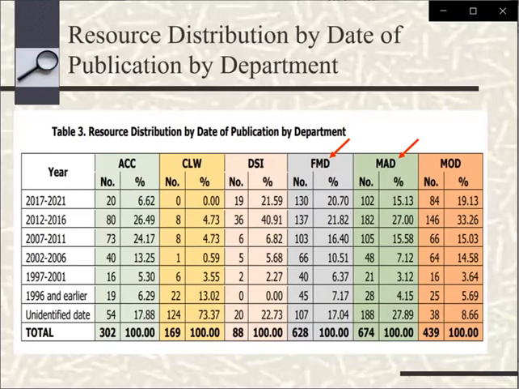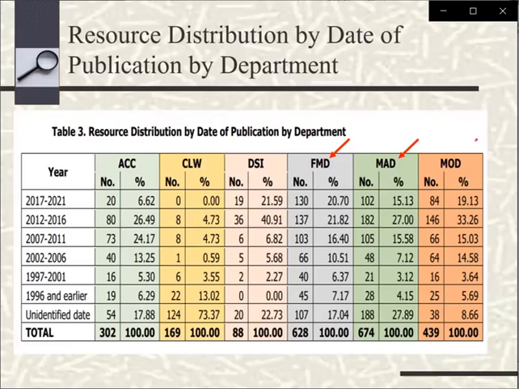There were 15.58% resource materials used published 10 or 14 years ago, that is 2007 to 2011. However, 27.89% of the resource materials were discovered to be unidentifiable in terms of the year they were published or printed.